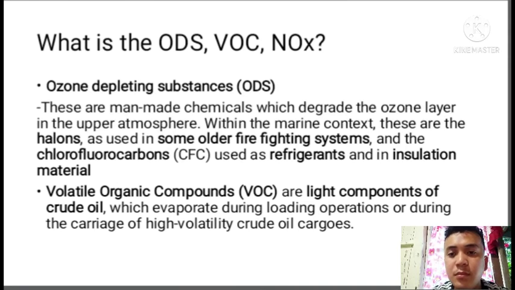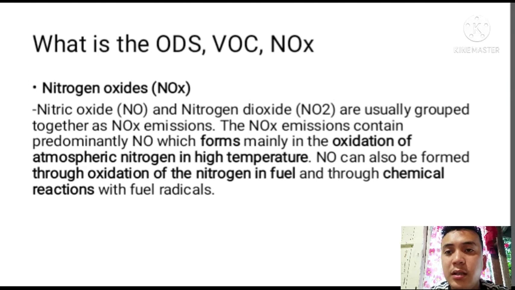For the NOx, nitrogen oxides, or NO, are usually grouped together as NOx emissions.